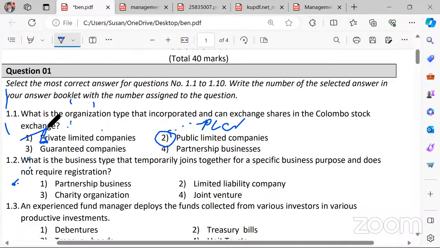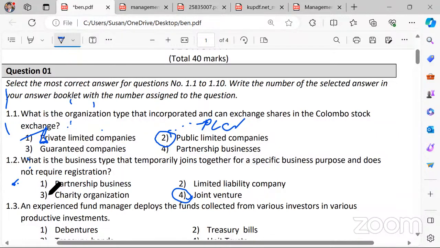Which one temporarily joins together and has no necessity for business registration? It's your time to mark your answer. That is joint venture.